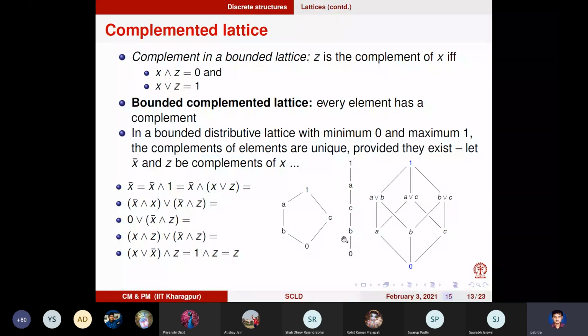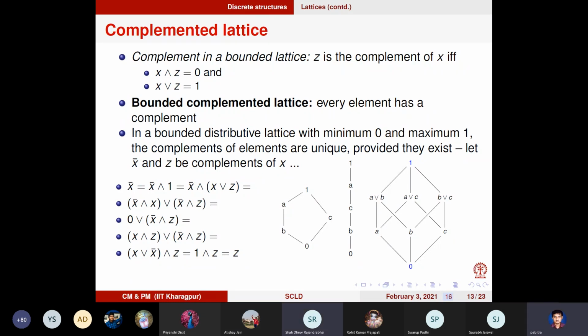Okay. So what about this chain 0, A, B, C, A, 1? Is it distributive? Does every element have a complement? No. Why no? What is the complement of A?